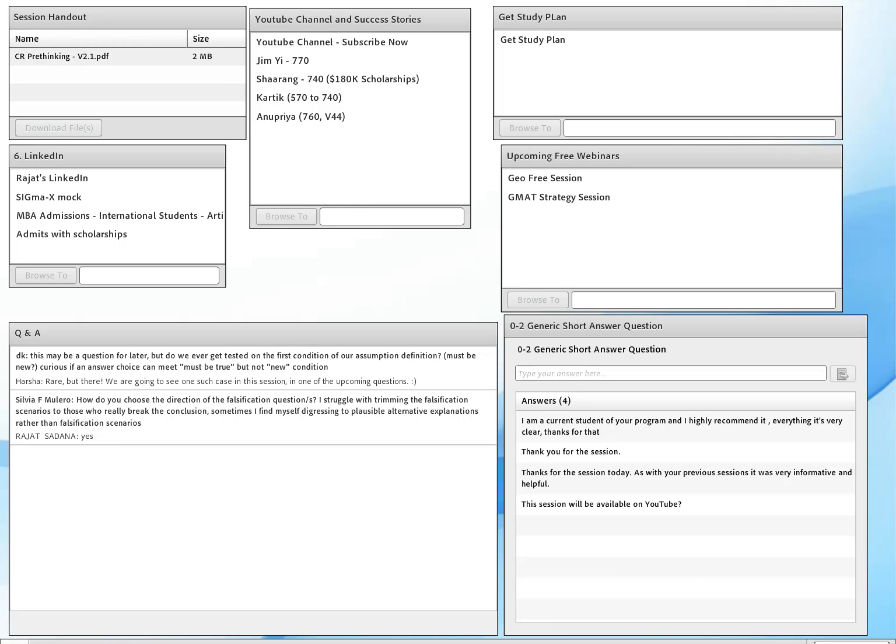But get to that 740 plus score. With a 740 plus score, what we've found is that the likelihood of getting into an M7 or a top 20 school increases about 4x. It's still at about 40%, but without a 740 plus score, you're looking at 9 to 10%.